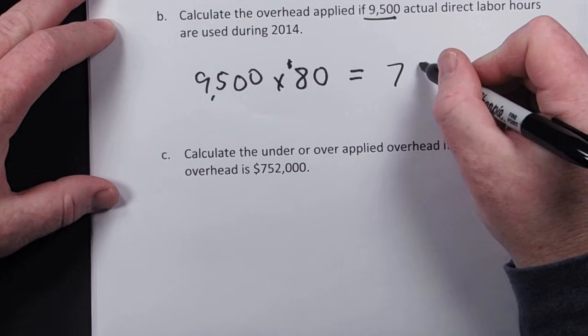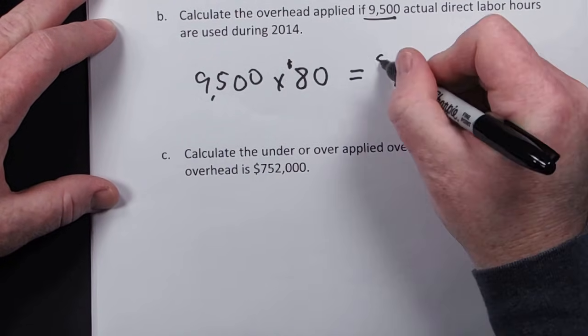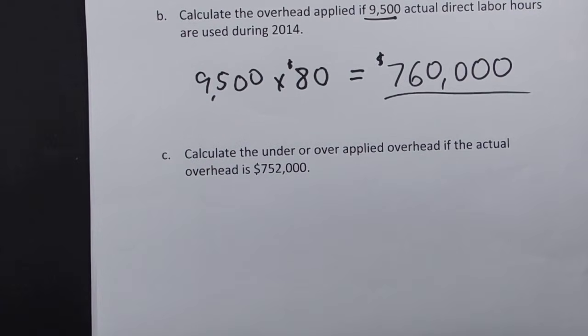So we come up with $760,000 that will be applied to the overhead. And again, we can't directly tie it because it's not a direct cost. So we have to find some rate to apply it at.